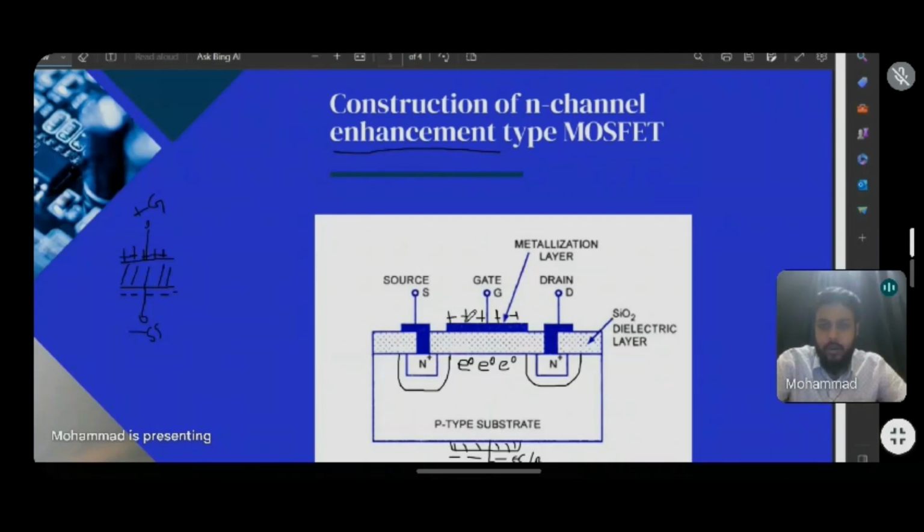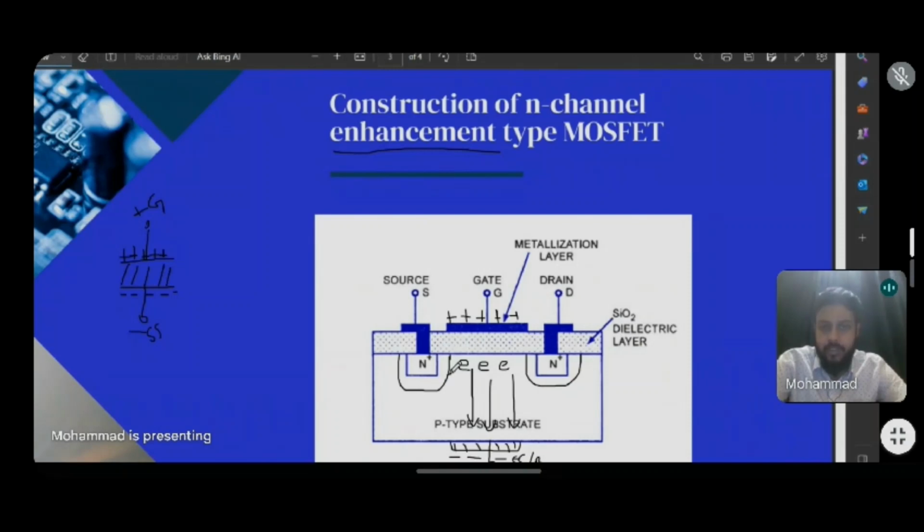Due to the electric field, the holes are going to get drifted towards this side. The holes actually become absent from here, and this atom becomes an ion, and they form a bound charge layer, and this layer is actually a depletion layer, right?